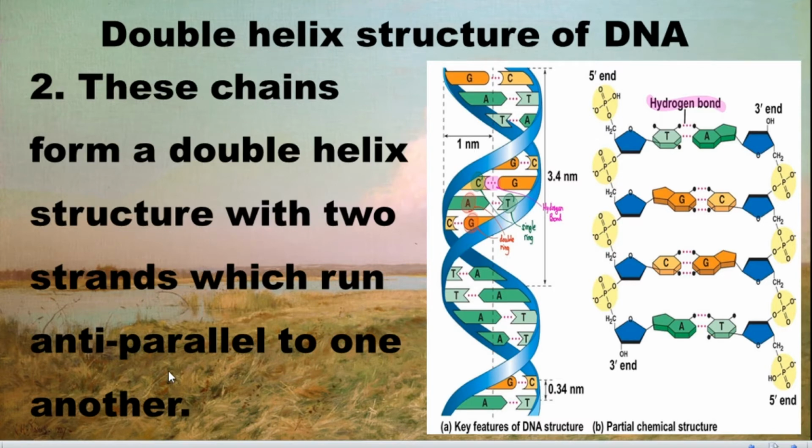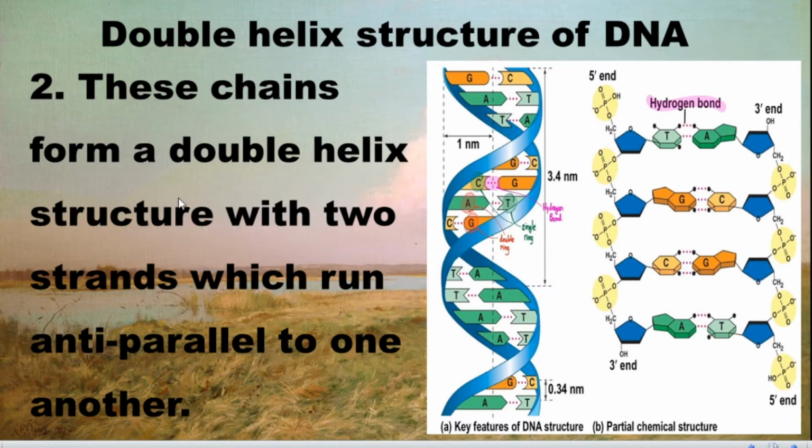You know parallel means equal. Anti-parallel means one comes from this area towards this side, and the other comes towards the opposite side. That is what we call anti-parallel to one another.